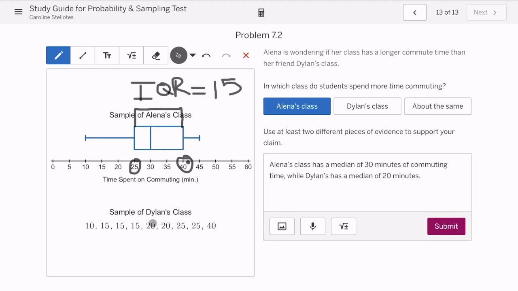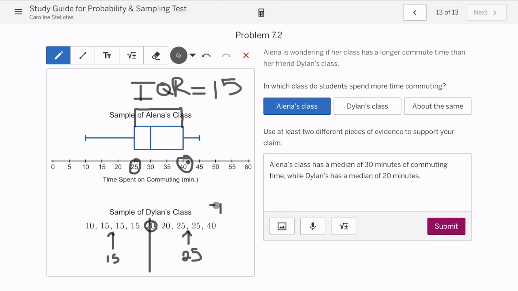And then we can do the same thing here. We got that our median was 20. So then we split this down the middle. And the IQR here is going to be, the first quartile is going to be 15, and then the third quartile is going to be 25.